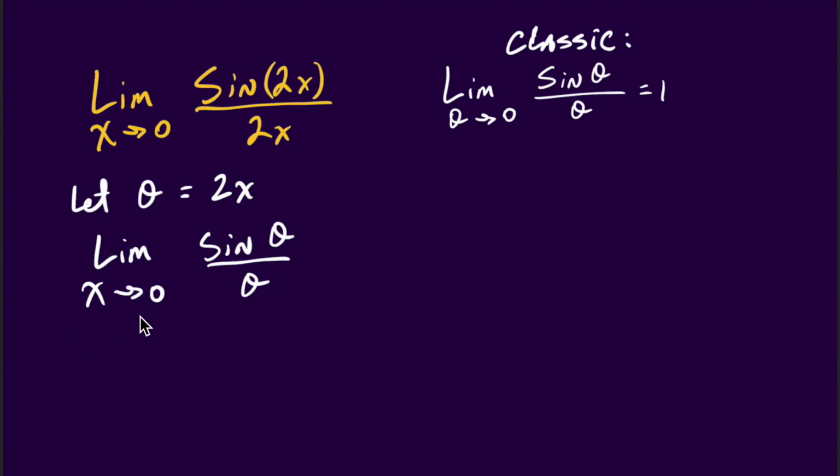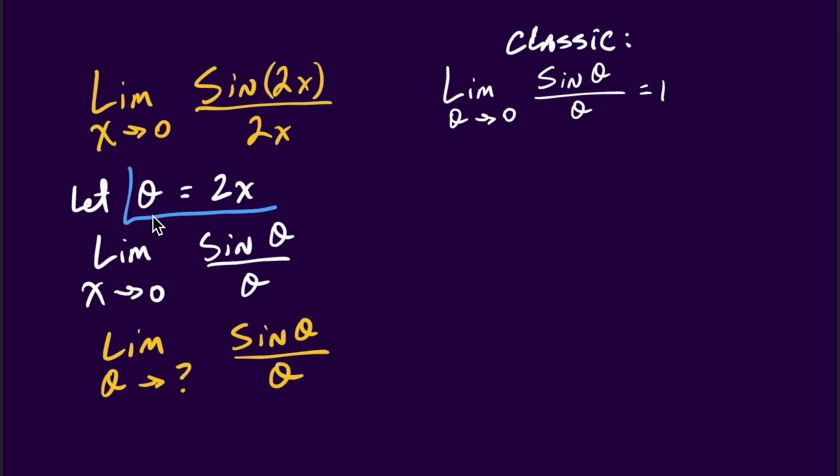The way we do this is we ask ourselves, we know we have to write this limit as theta goes to something. So the question is, as x approaches 0, what does theta approach? Let's take this substitution that we did right here, and as x approaches 0, what happens?